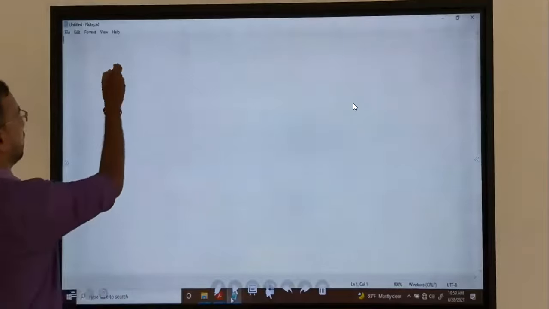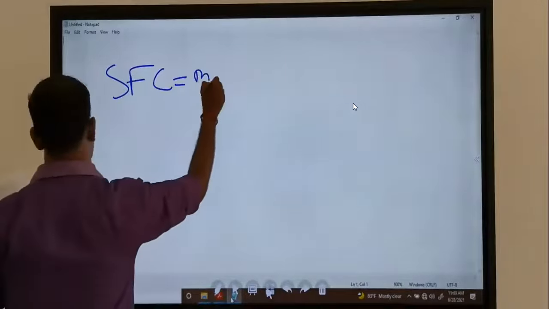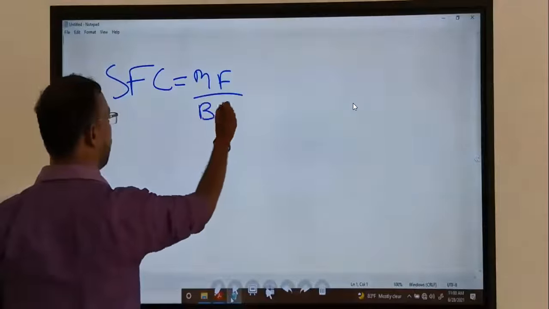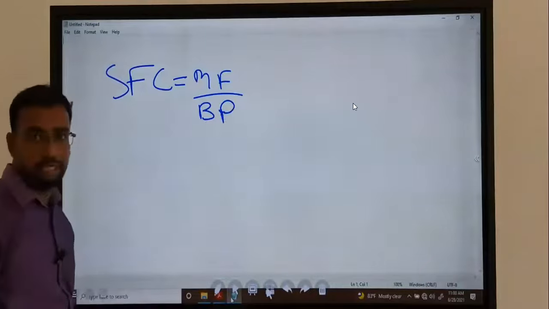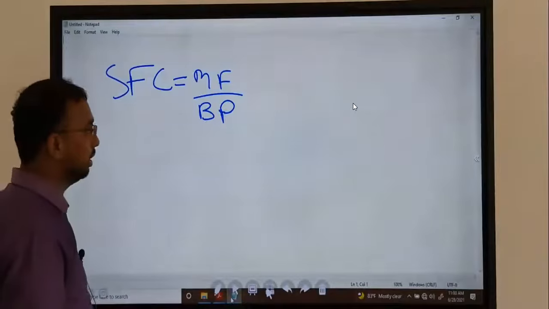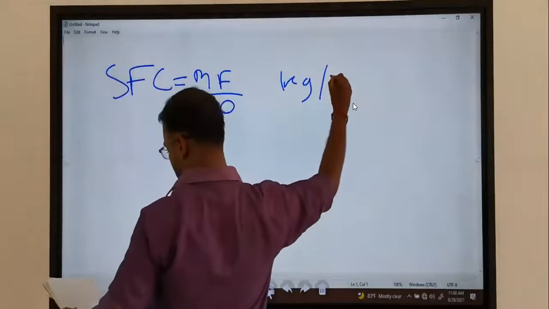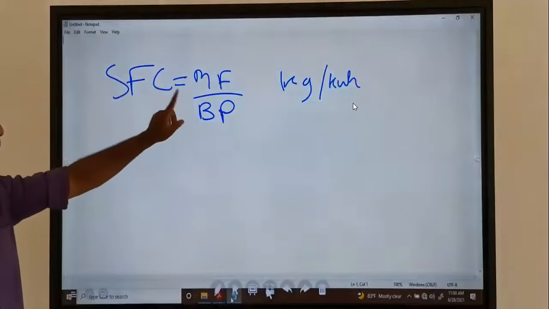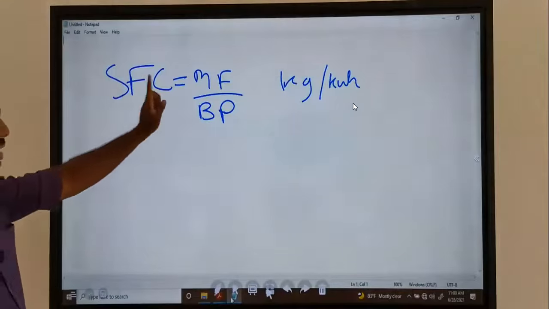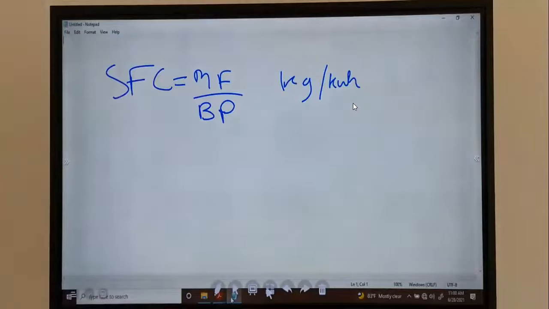The equation is SFC equals mass of fuel over BP. As I already told, the brake power here must be in kilowatts, not watts, because we have to find the SFC in kilogram per kilowatt hour.